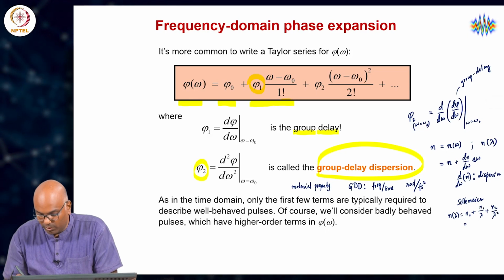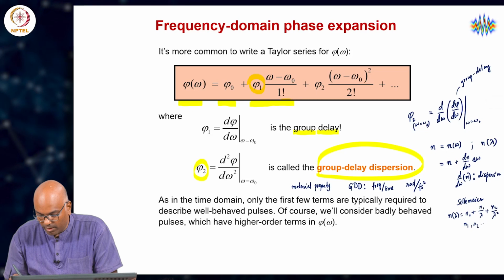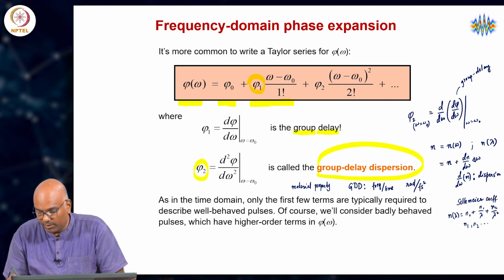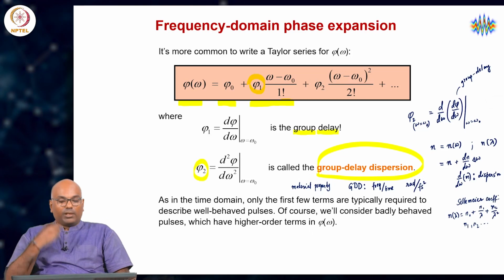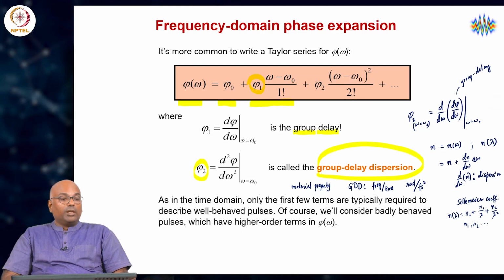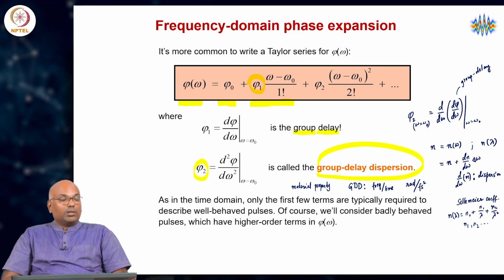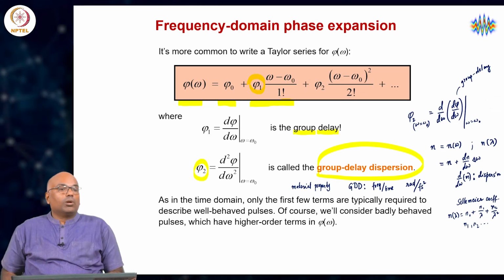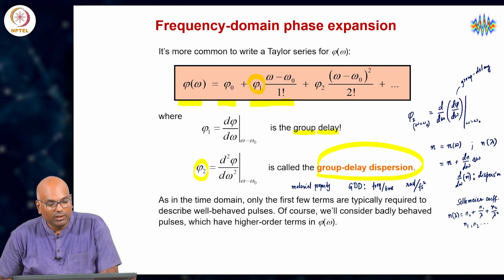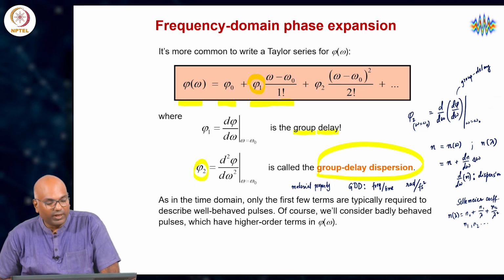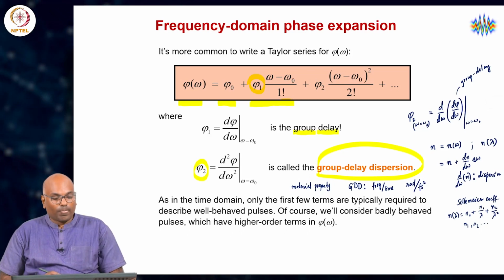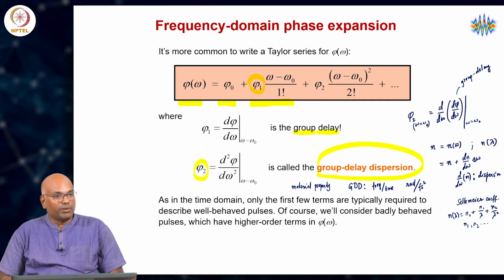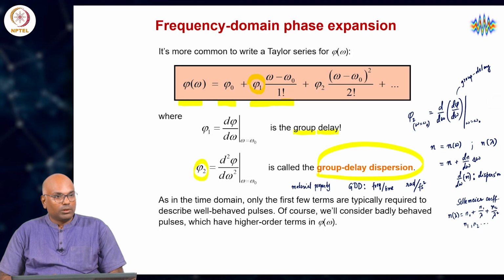So, n 1, n 2 and so on are the Sellmeier coefficients which are measured and tabulated for various materials. So, likewise GDD or group delay dispersion is a material property, and it has a lot of significance in understanding or quantifying the propagation of pulses, femtosecond pulses through a medium.